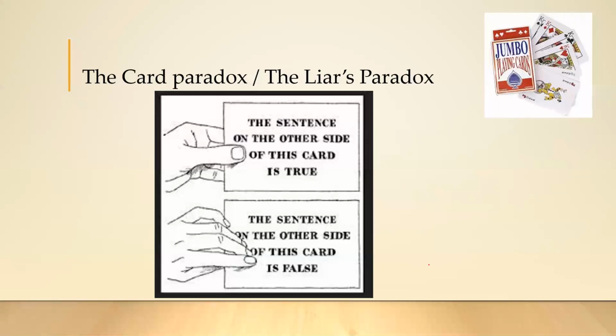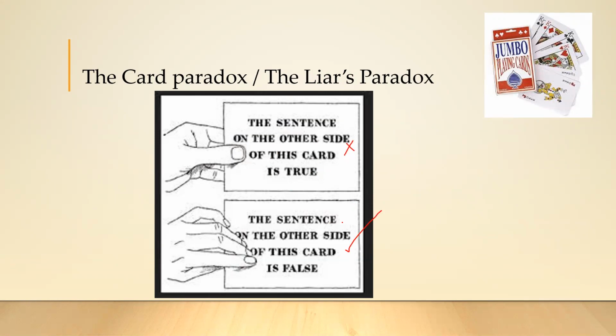Now, on the other side of the card, you have something else written: "The sentence on the first side is false." So again, it is a paradox. If you go according to this is true, then if you go according to this is false, if this is false, it again goes the reverse.